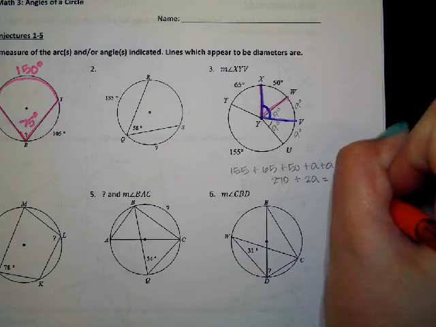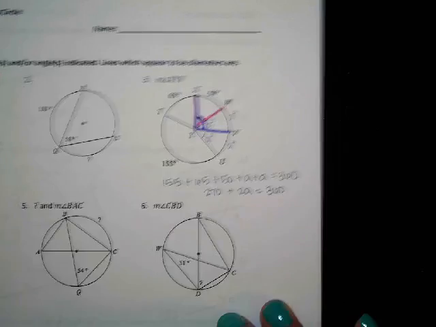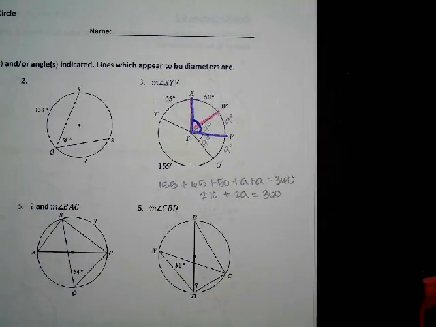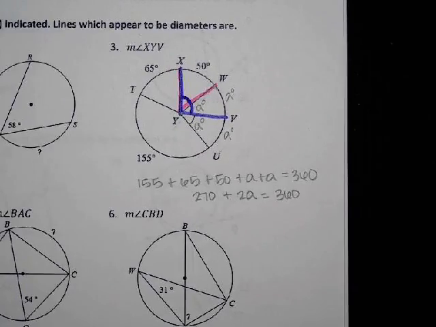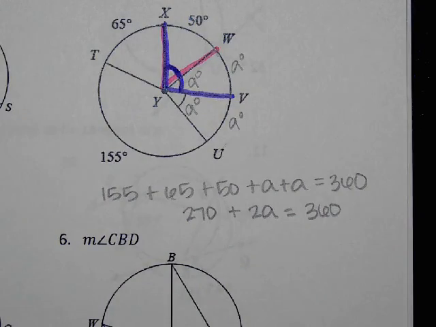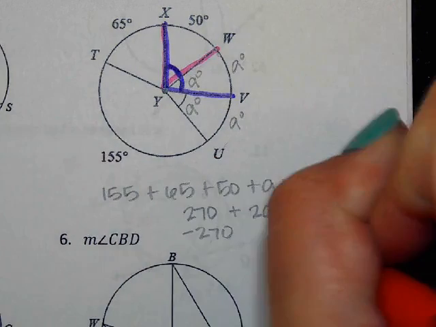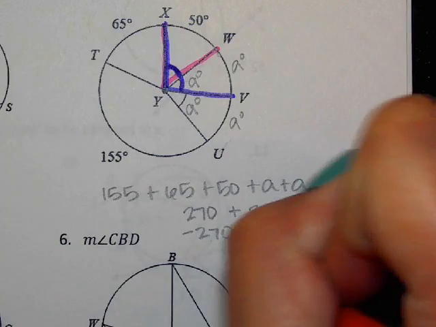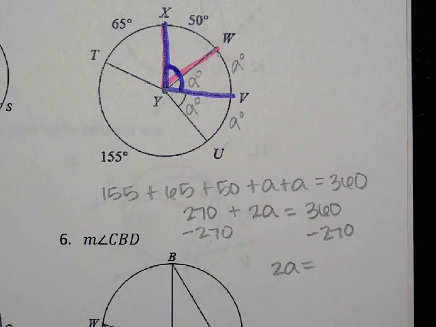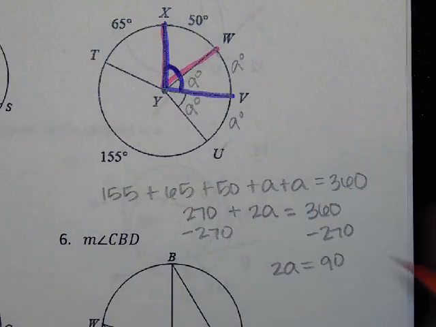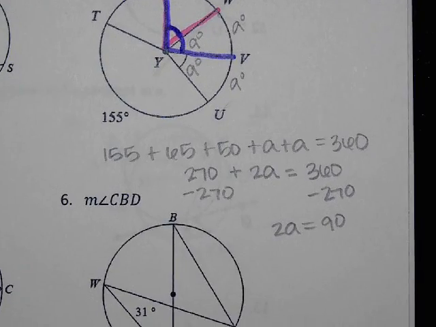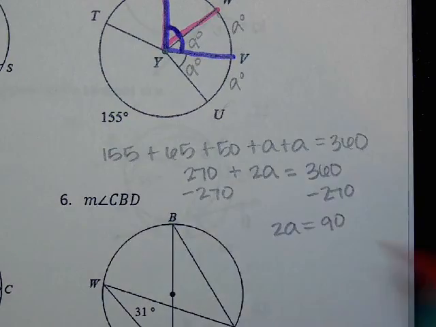Okay, so then what should we do? Okay? So 2A equals 90. Okay, and then what should we do? Okay.